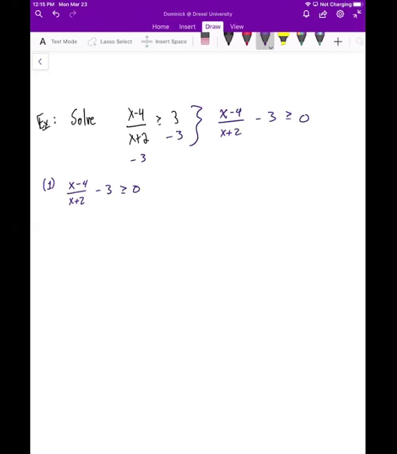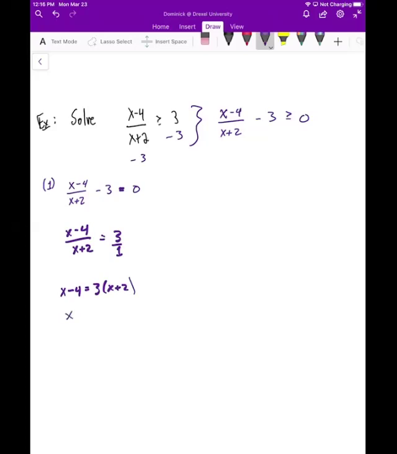So in this case, and actually this should be an equal sign. So if we solve this, I would move the 3 back over. And then if I think of my 3 as 3 over 1, we can then cross multiply, and then we get x minus 4 is equal to 3 times x plus 2.